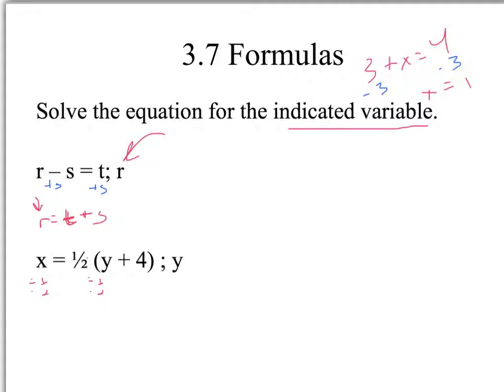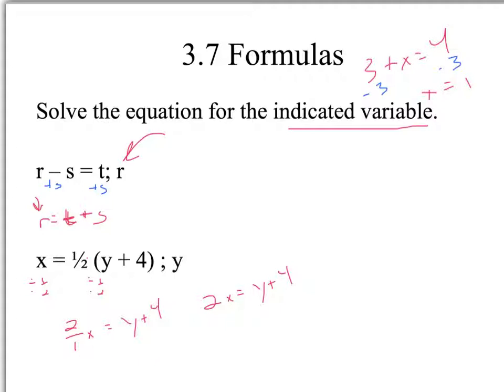If I took x divided by half, remember, multiply it times its reciprocal, and I end up with 2 over 1 times x, which is equal to y plus 4. Or, in other words, 2x is equal to y plus 4. So now I just got rid of that half. That half went over to the left side and multiplied by the x to get 2x.